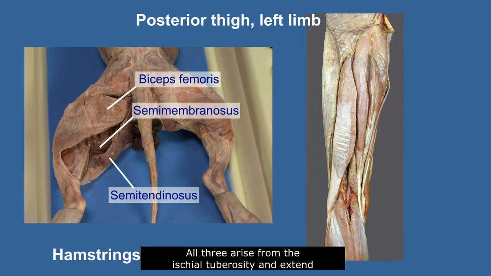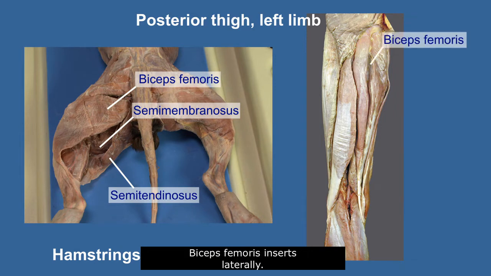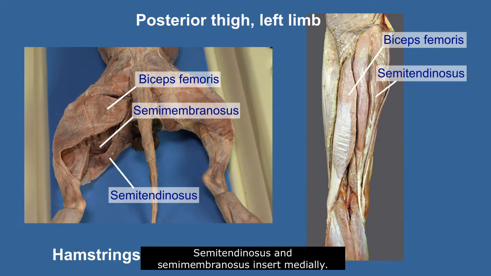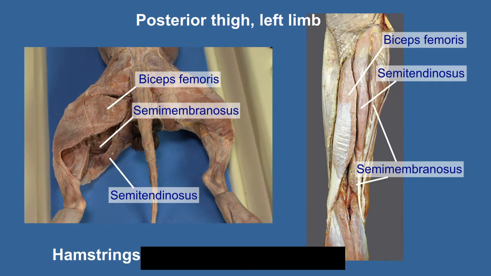All three arise from the ischial tuberosity and extend down the posterior thigh. Biceps femoris inserts laterally. Semitendinosus and semimembranosus insert medially. Semimembranosus is larger and deep to semitendinosus.